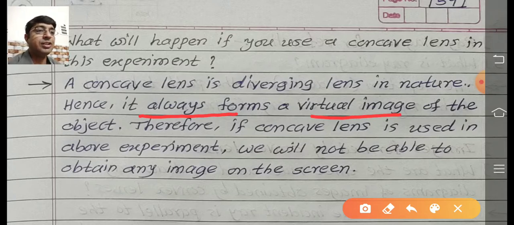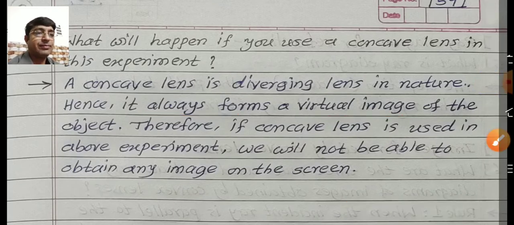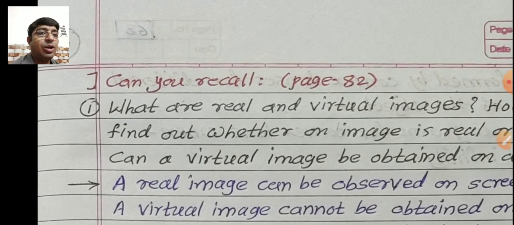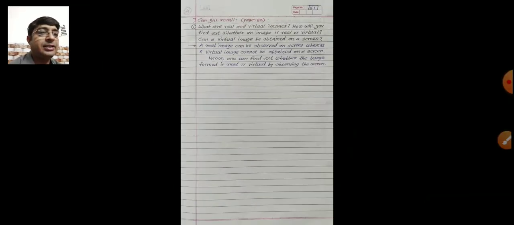You know the meaning of virtual image? Virtual image means that the image is not obtained on a screen, means not real, of the object. Therefore, if a concave lens is used in the above experiment, we will not be able to obtain any image on the screen. So these are the answers of that activity.